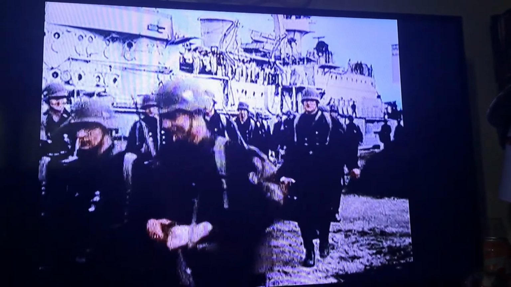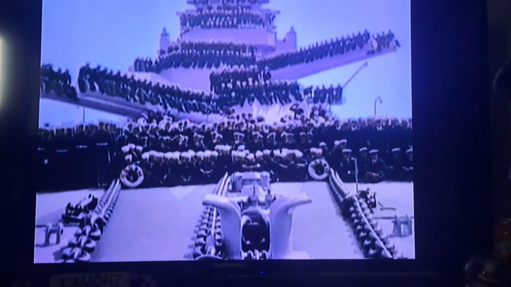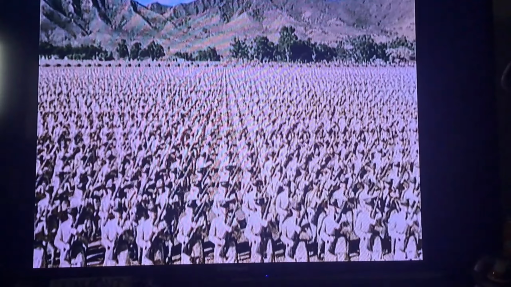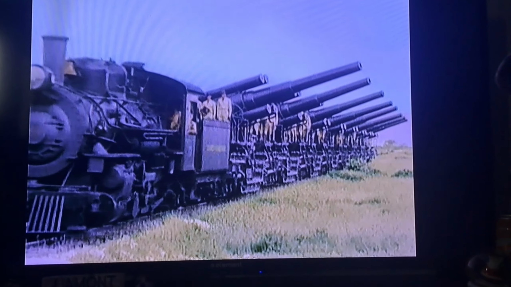They mined the water and seaports, accentuating British naval power. But Hitler's response was decisive.